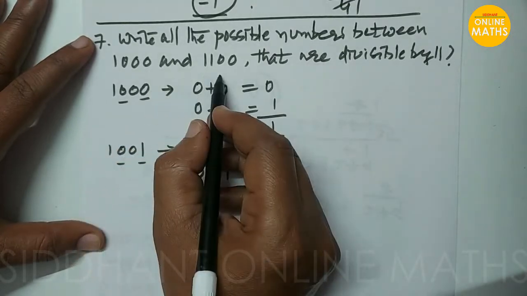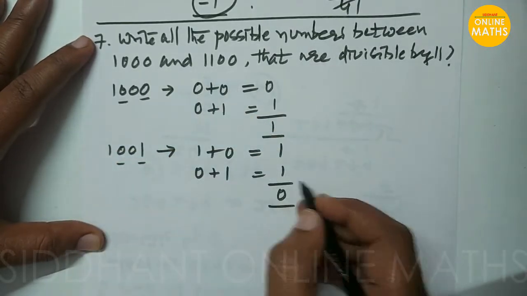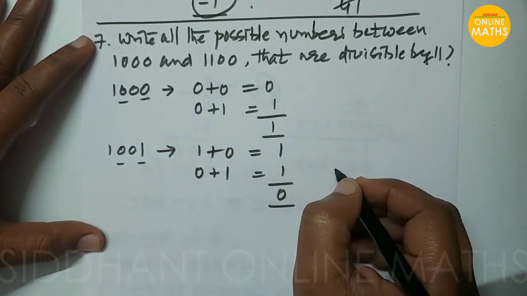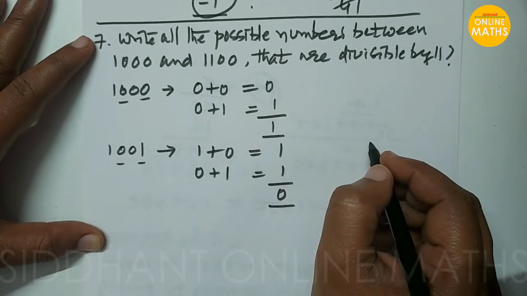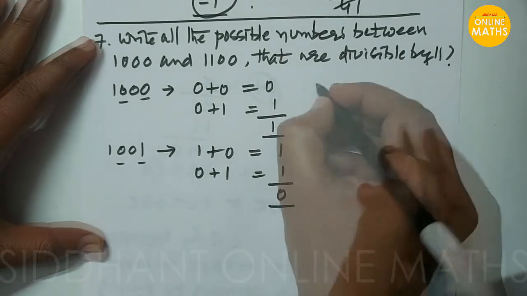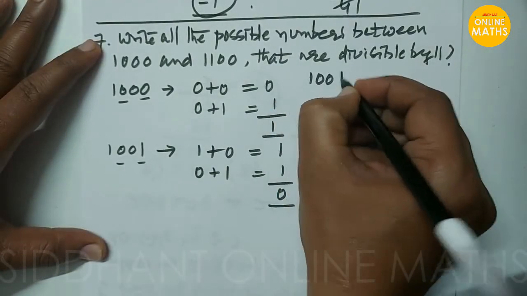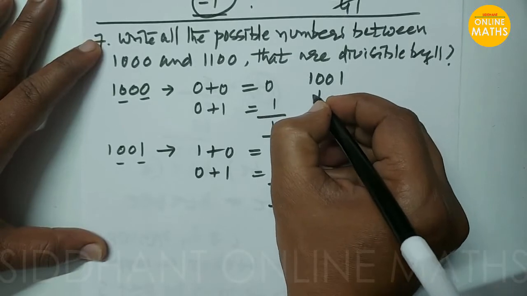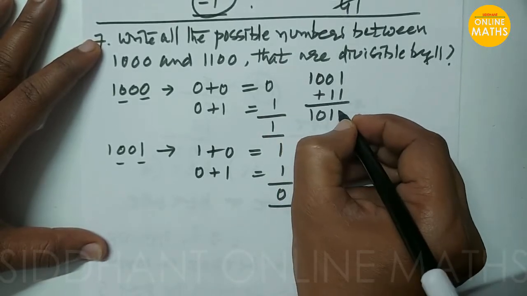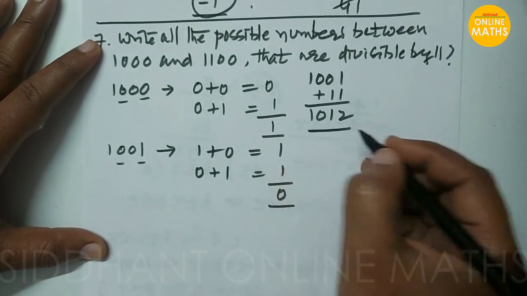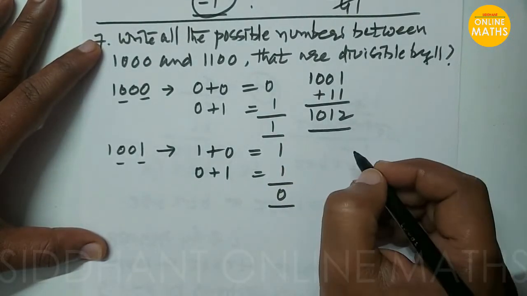So this is the first number between 1000 and 1100. To this we are going to add 11, then that number is also divisible by 11. So 1001, when you add 11, we get 1012. So this number is also divisible by 11.